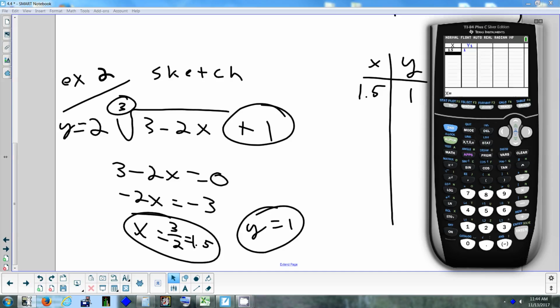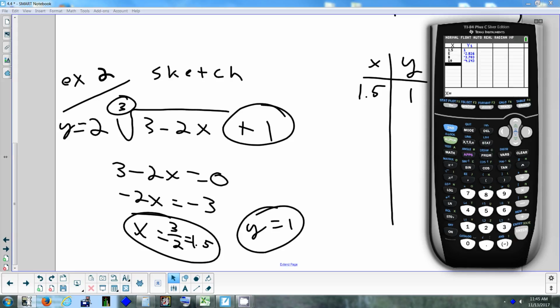If we type 1.5 and we don't get 1, then that means we solved it wrong. Now, because my graph paper is only going to go from -10 to 10, I'm going to just try a few points up to 10 and as low as -10. So let's do maybe 5, 8, 10.